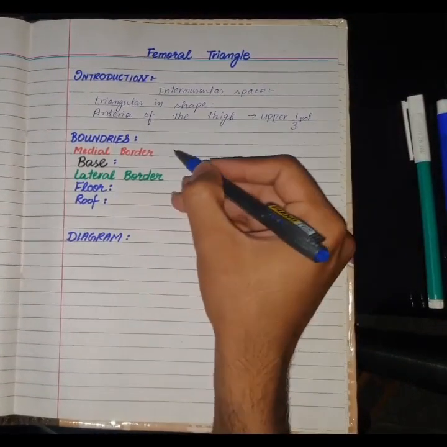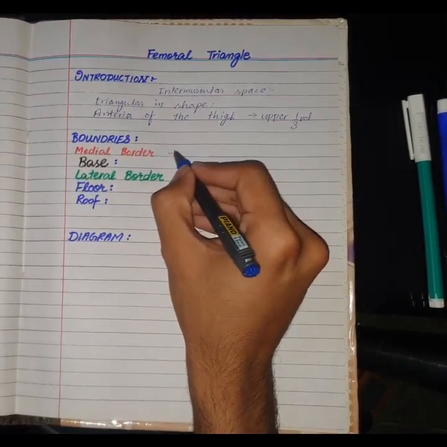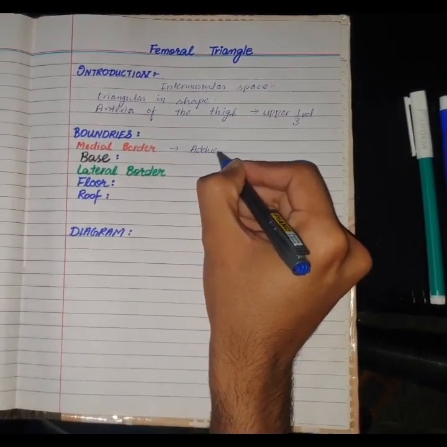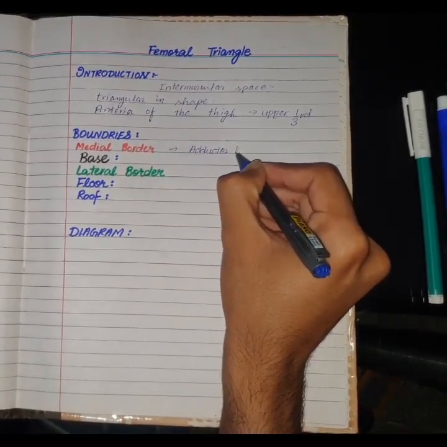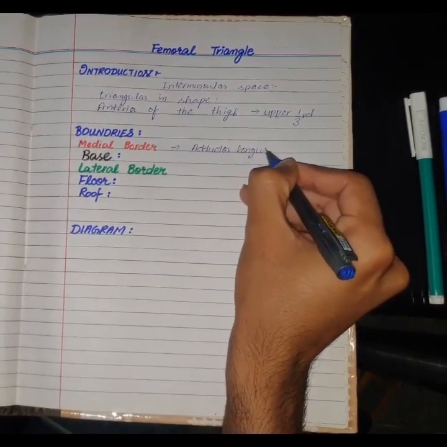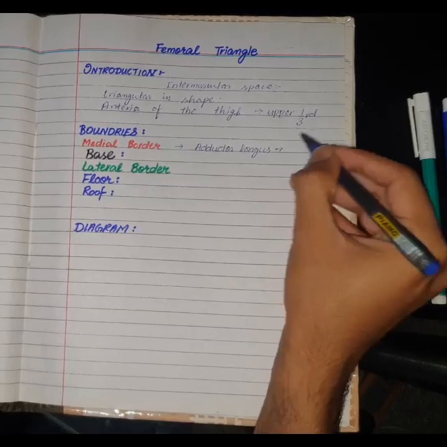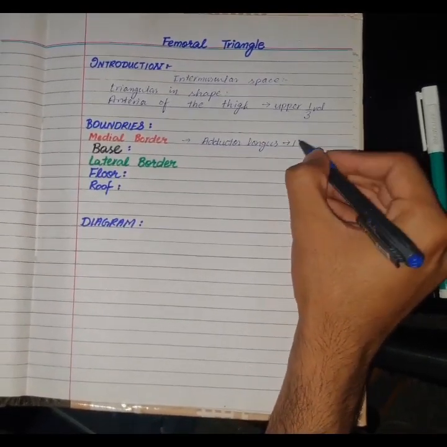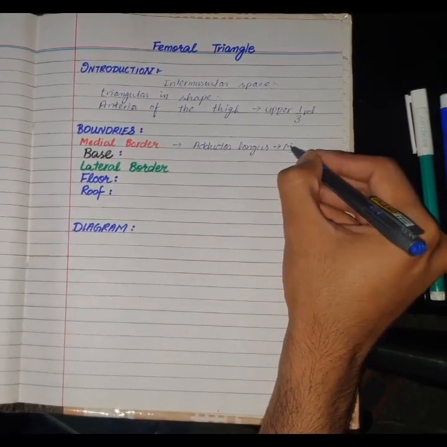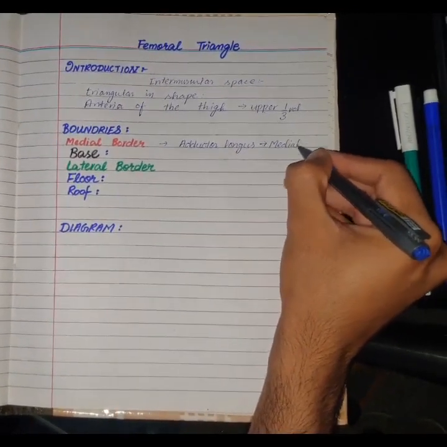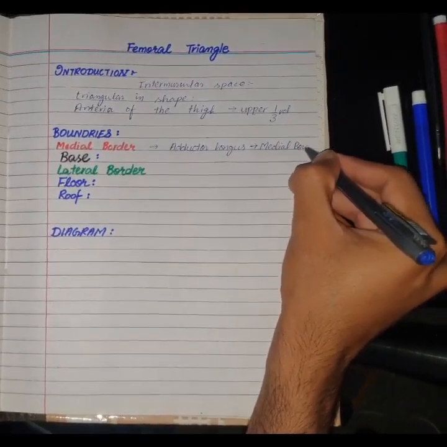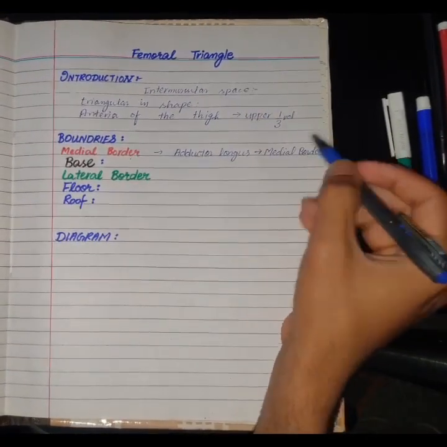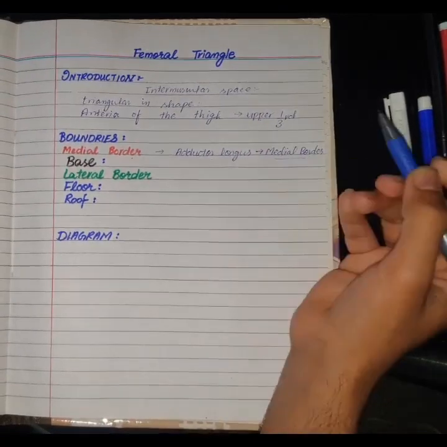So the medial border of the femoral triangle is formed by adductor longus muscle, its medial border. The medial border of the femoral triangle is formed by the medial border of adductor longus.